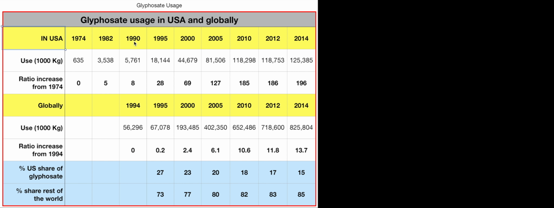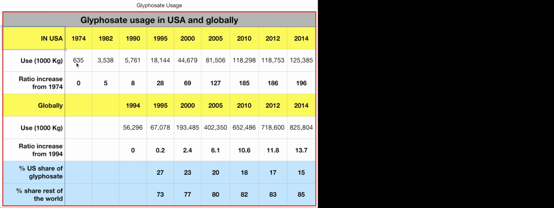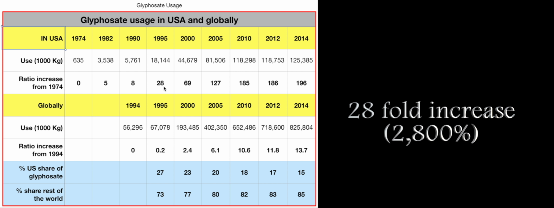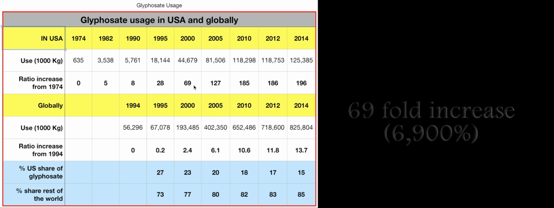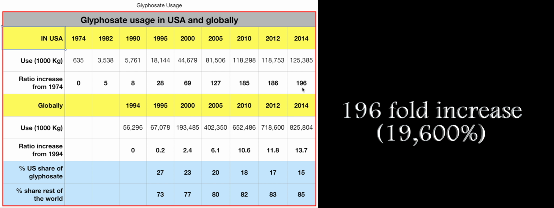In 1990, it was eightfold, based on the 74 figure. 95, it was 28-fold. 2000, it was 69-fold. And all the way to 2014, which was 196-fold or almost 200-fold, not 200%.